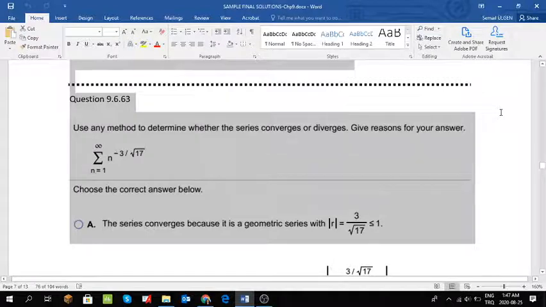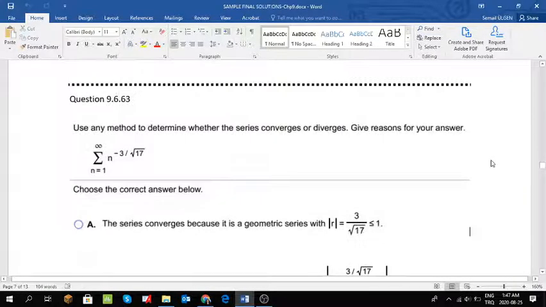This example, on the other hand, is chapter 9, section 6, question 63. Use any method to determine whether the series converges or diverges. Give reasons for your answers. The series is the sum from n equals 1 to infinity of n to the negative 3 over square root of 17.